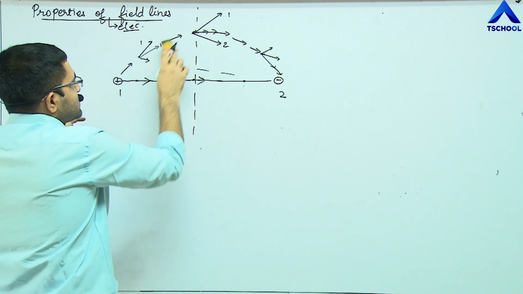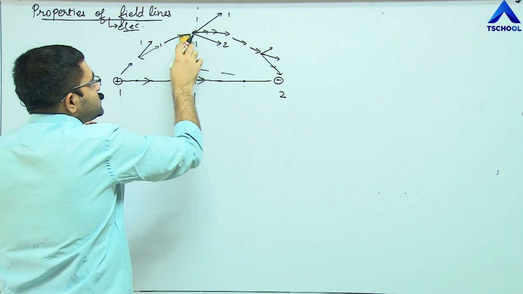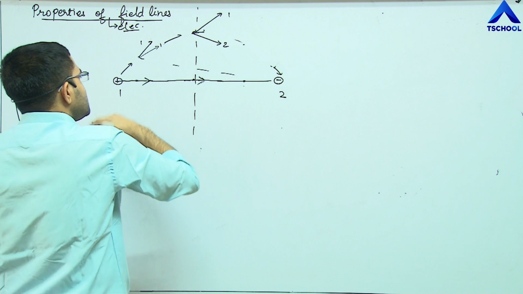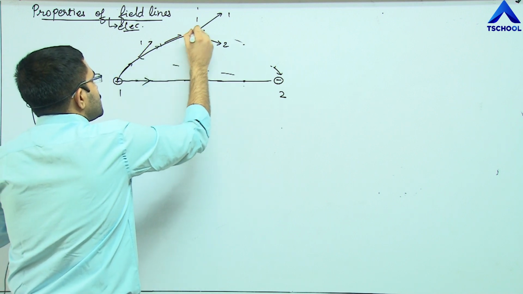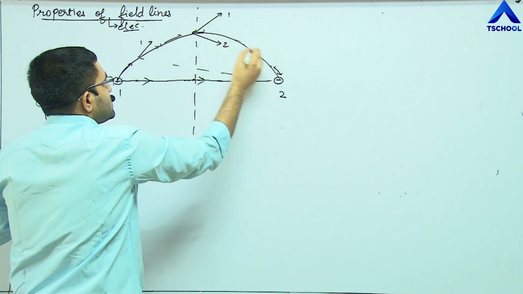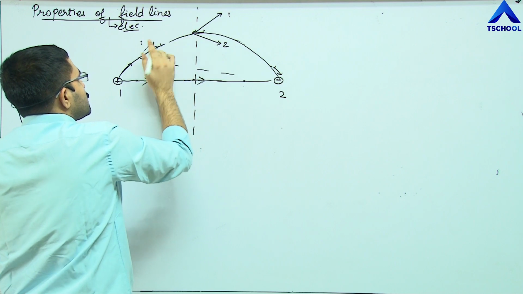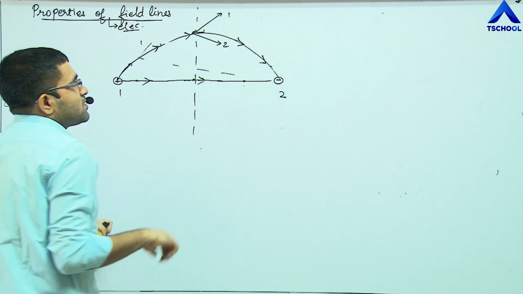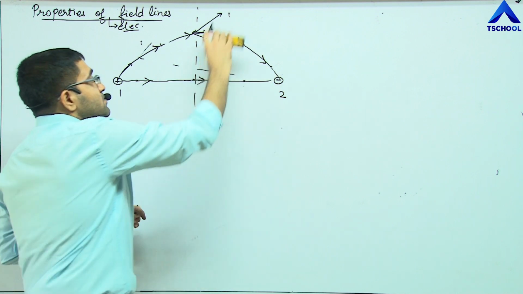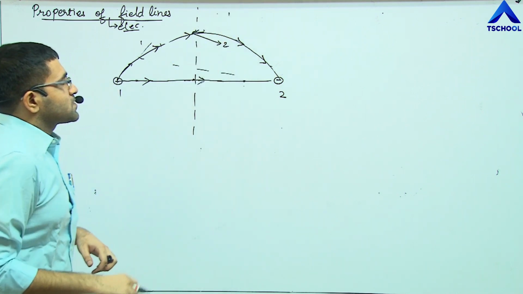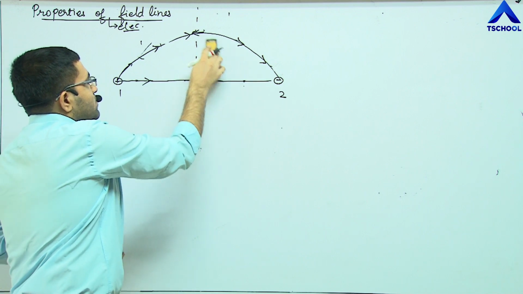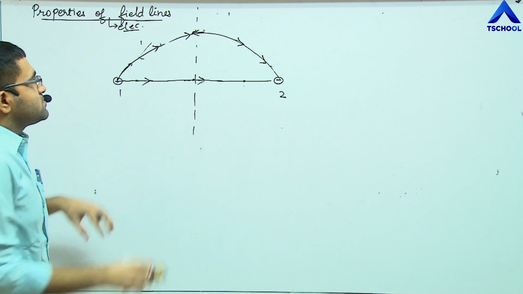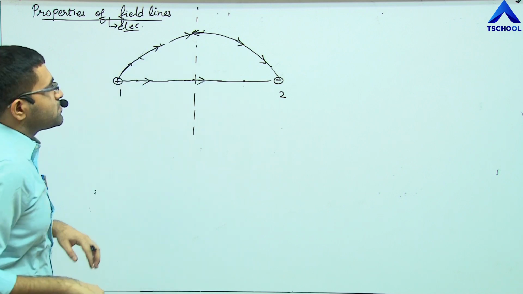So when I join all these arrows together, we get a smooth curve from here to here, and that becomes our electric field line passing through this point. Let me erase all the other elements of the diagram that we used.